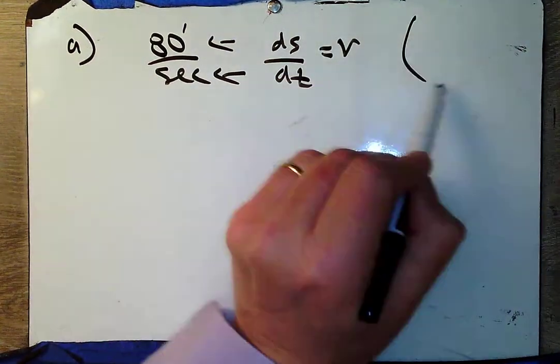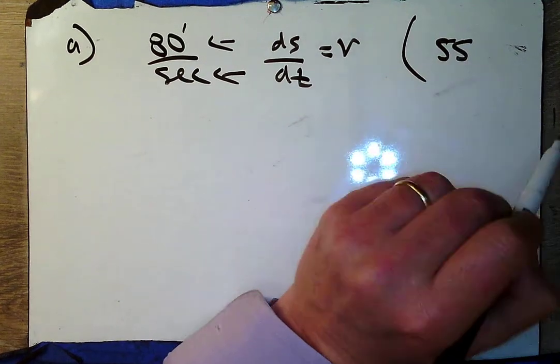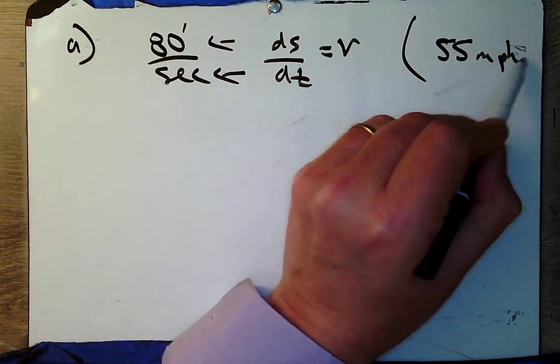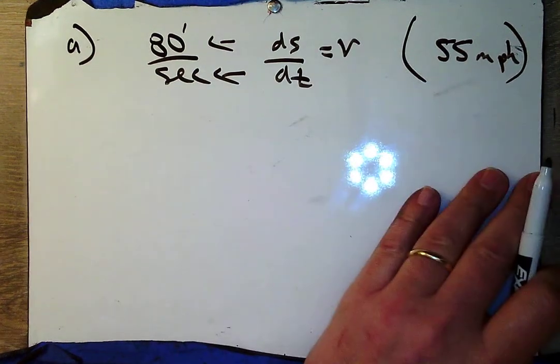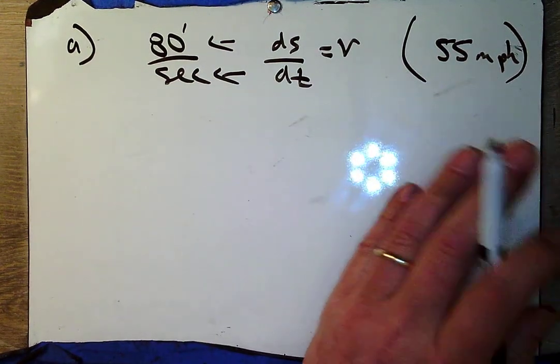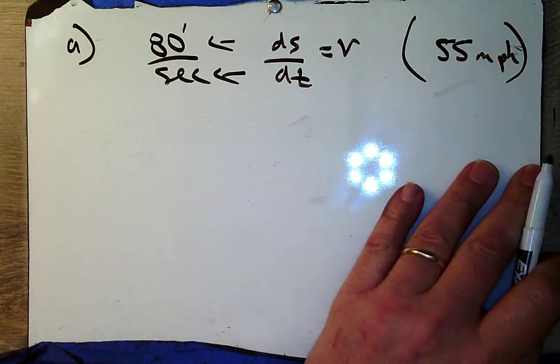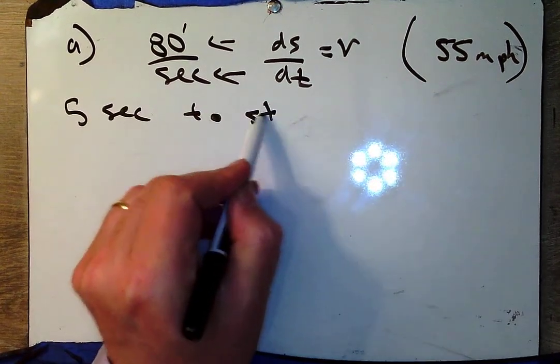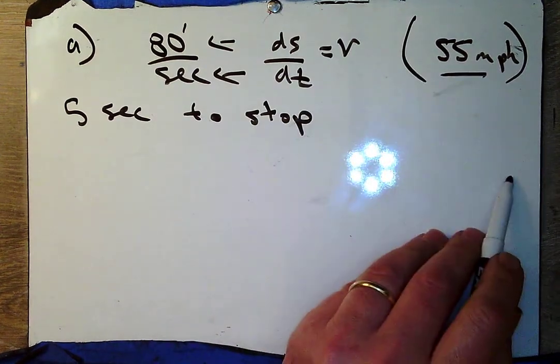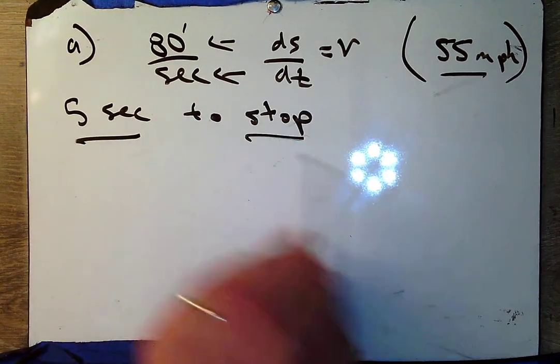And just, because many of you are starting to drive cars and have a sense of this, 80 feet per second is 55 miles an hour. Okay? The car brakes to a stop in 5 seconds. Okay, we were going 55 miles an hour, and in 5 seconds, we've stopped.